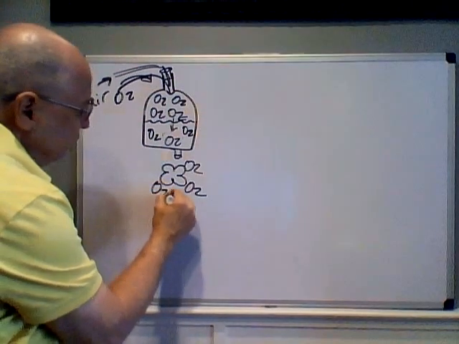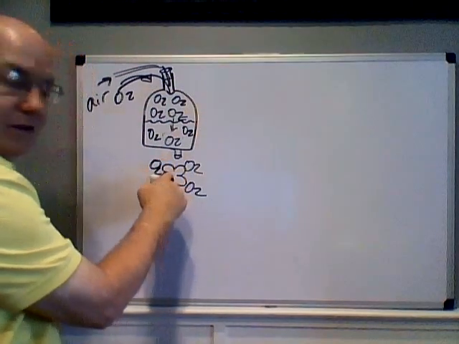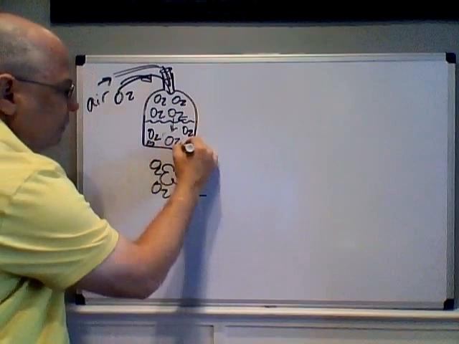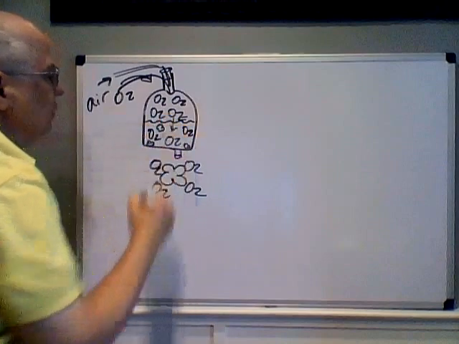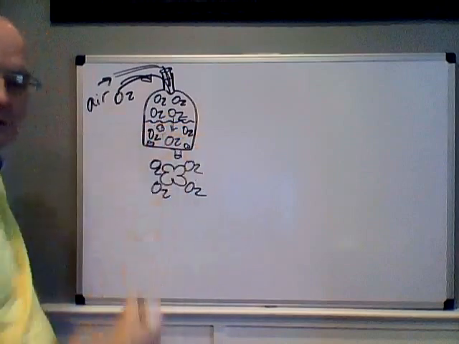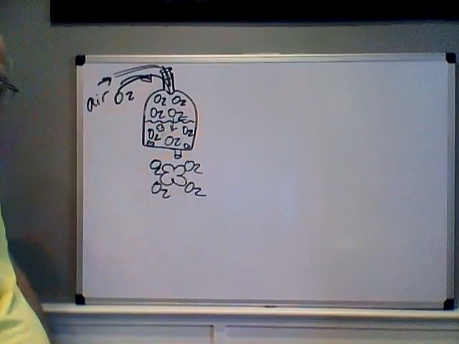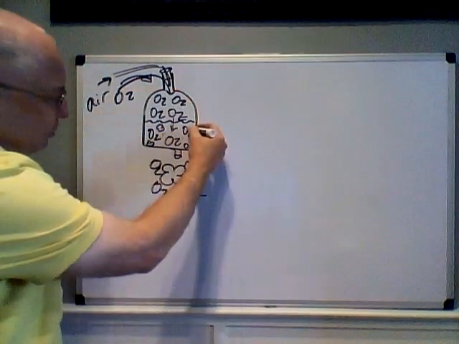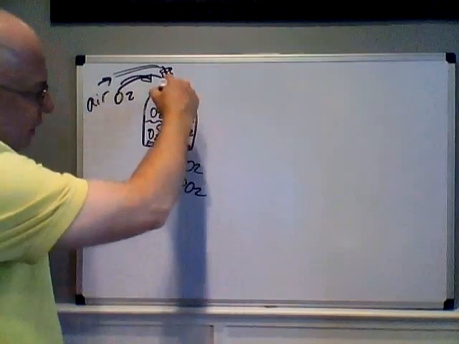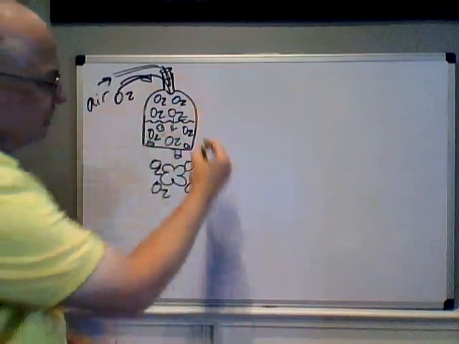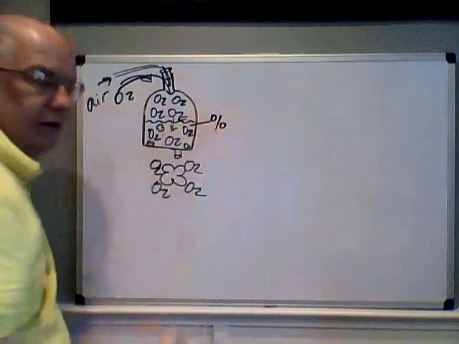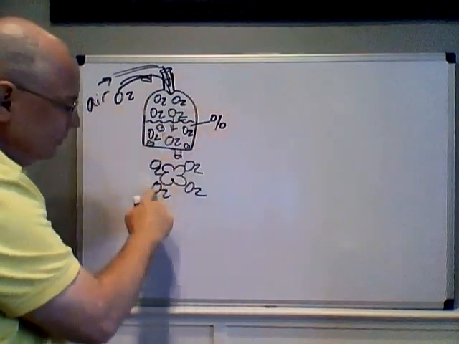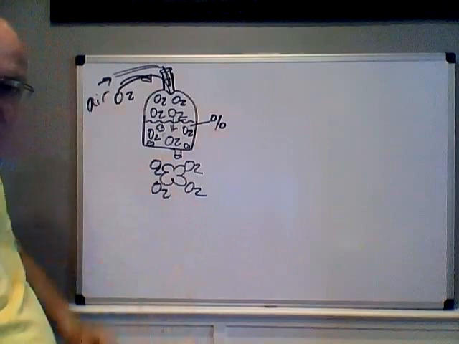And if I could stick 4 oxygens on here, and what if I have a bunch of these sitting in here, and every one of these little bubbles can bind 4 oxygen molecules? Now, my water is saturated, but if I pull an oxygen molecule out of there, another one falls in. I still maintain a certain percentage of oxygen here, but the overall amount of oxygen that's in the fluid, even though some of it is bound up, has gone up.